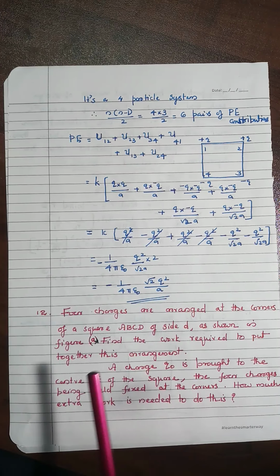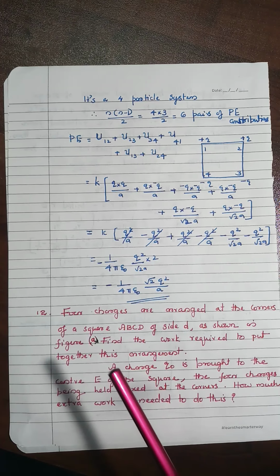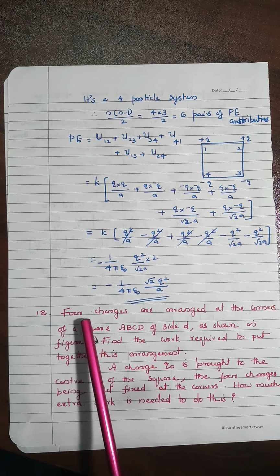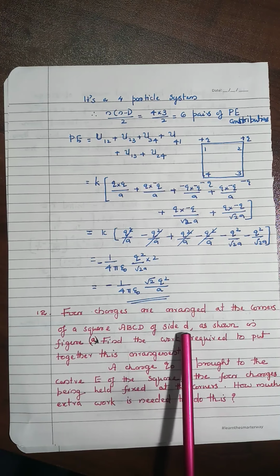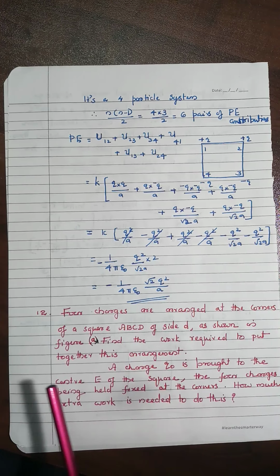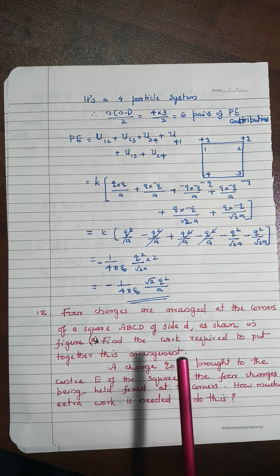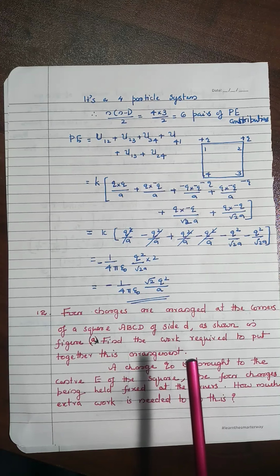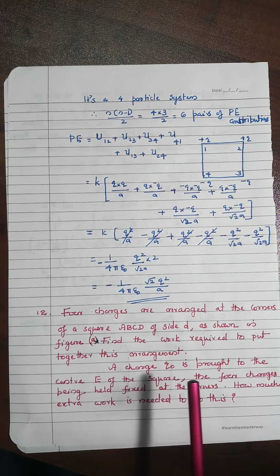Keep in mind. A similar concept is coming with the next question also. 4 charges are arranged at the corners of a square ABCD of side D as shown in figure. Find the work required to put together this arrangement. That question is so simple. Our concept is what is the potential energy of the system.